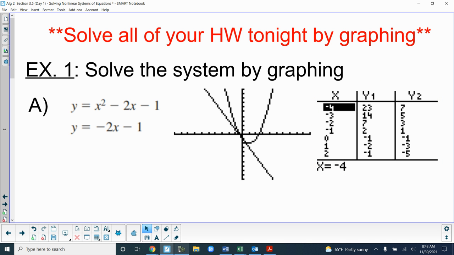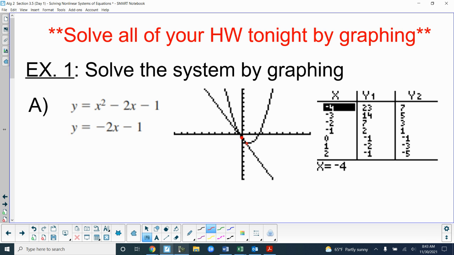So I know there's an answer here, the y-intercept is the same for both. Okay. But it also looks like it meets down here. All right. So I'm thinking there's 2 points of intersection just by looking at the graph. All right. Here's 0, -1.